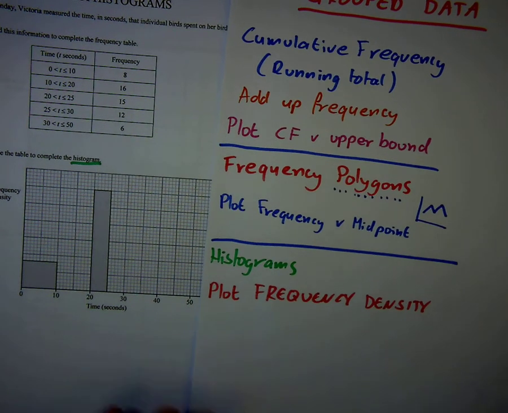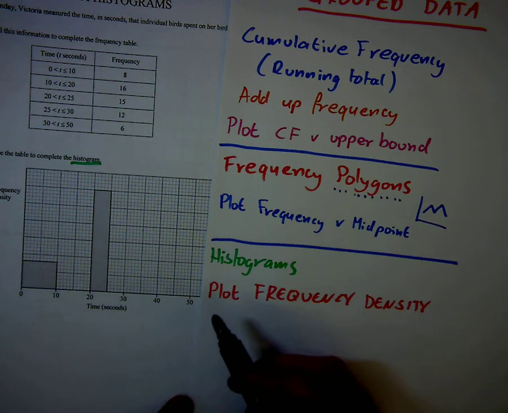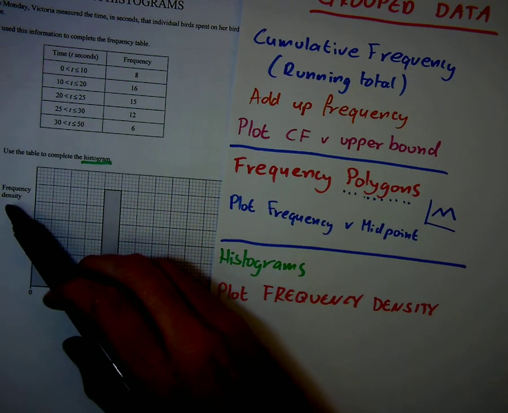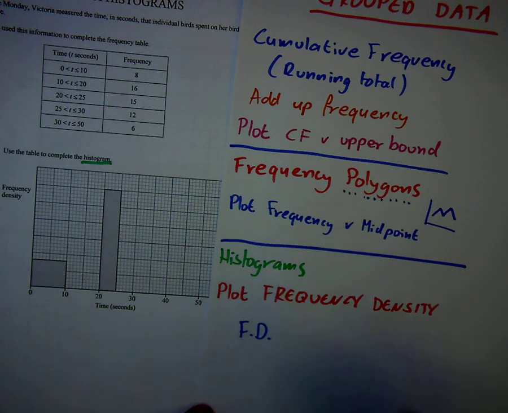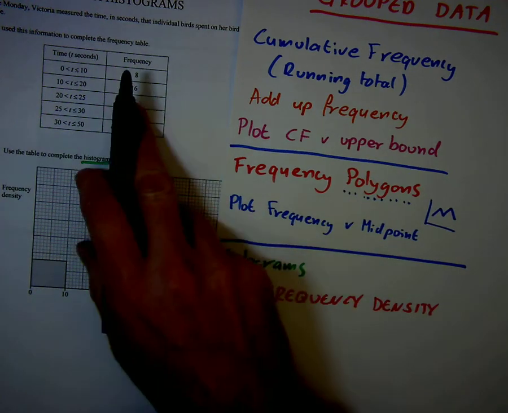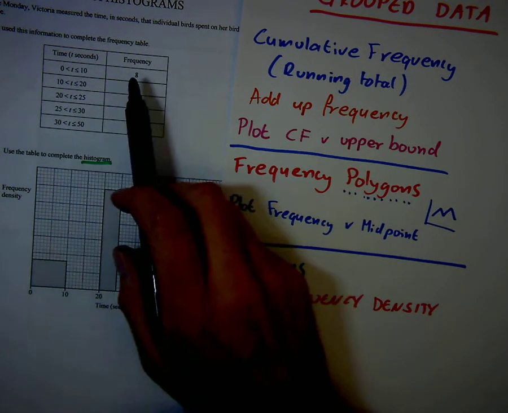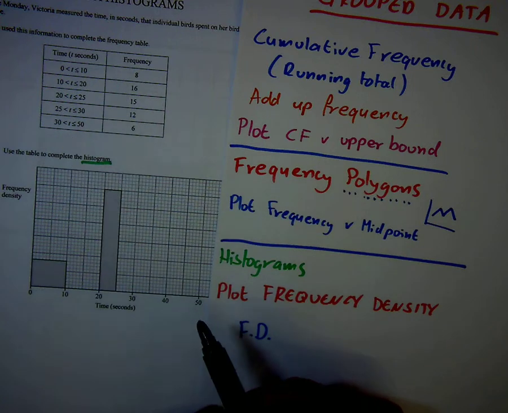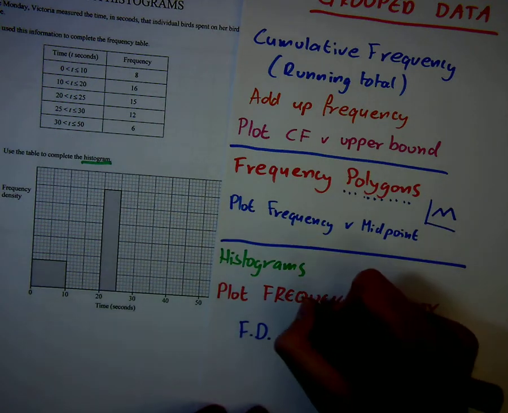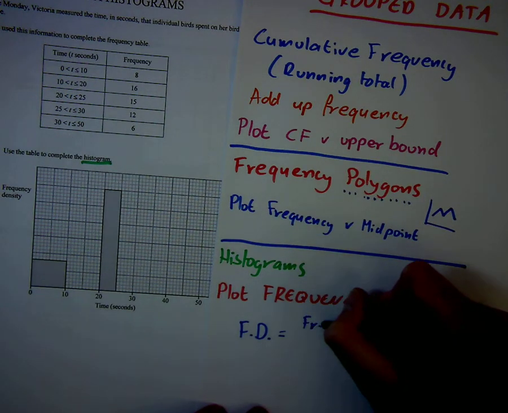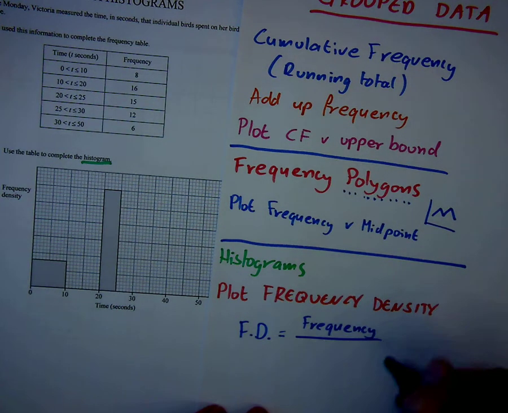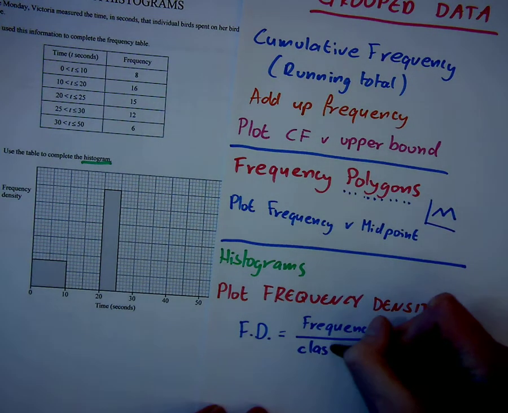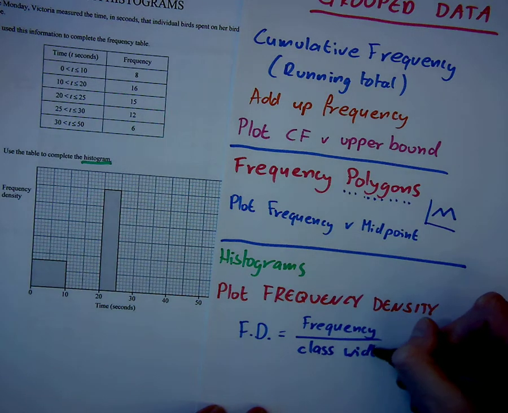The frequency density sometimes gives you a clue, like we have here. We work that out using the information on our table. So we've got the frequency, we've got the groups. We use frequency divided by the class width.